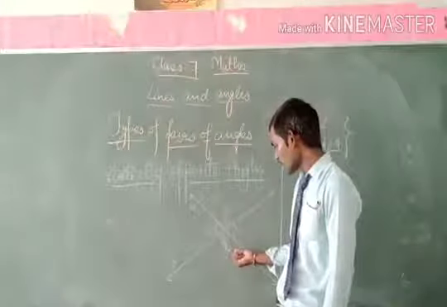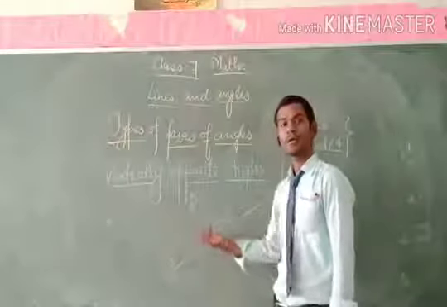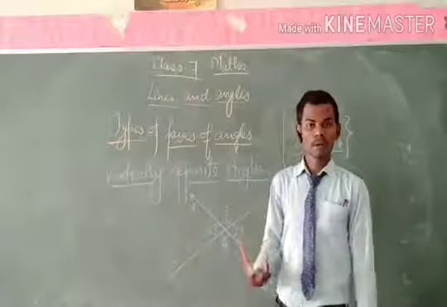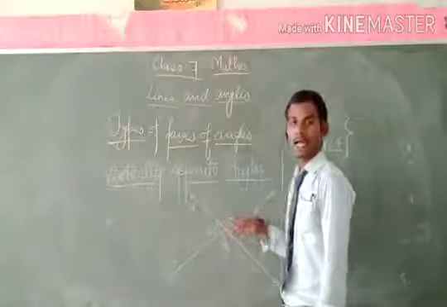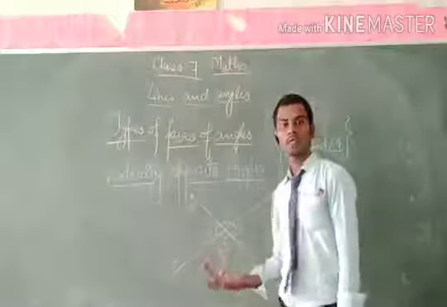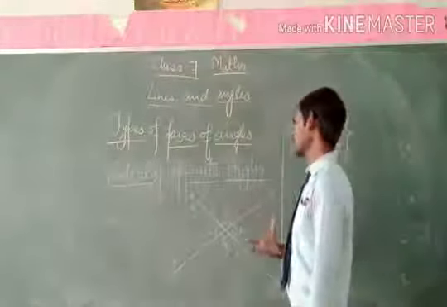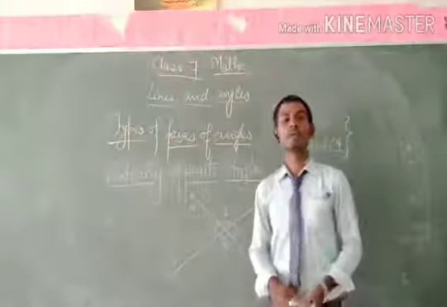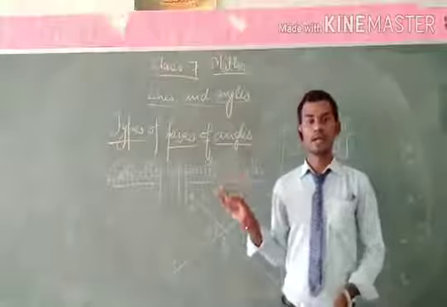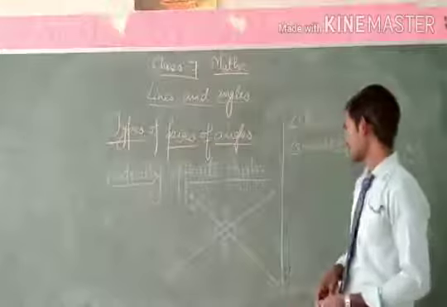And here we can also see that the side OU is common for both angle 2 and angle 3. So we can say that these are adjacent angles. So from the vertically opposite angles, we can define our previous two types of angles, that is the linear pair and supplementary angles. So let's start to see how we find this.